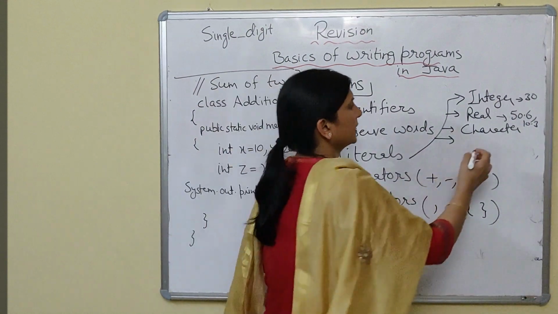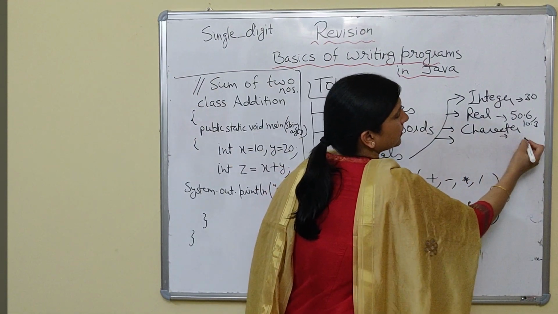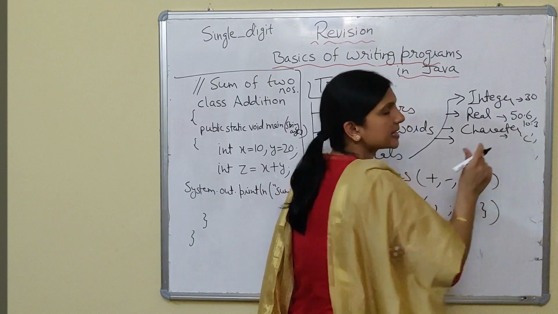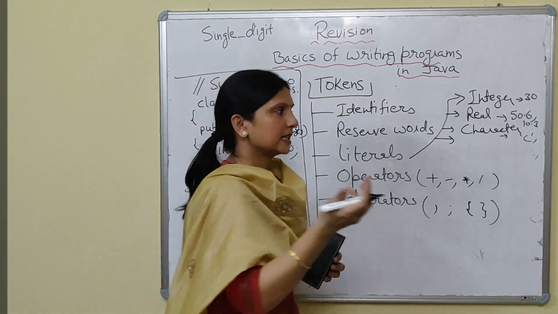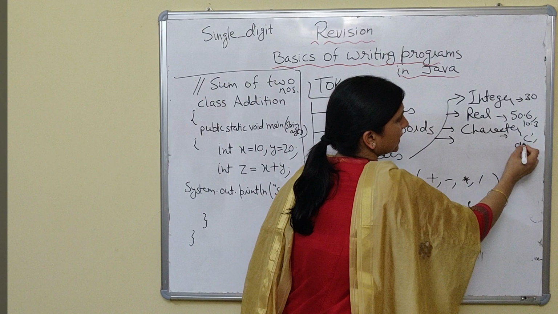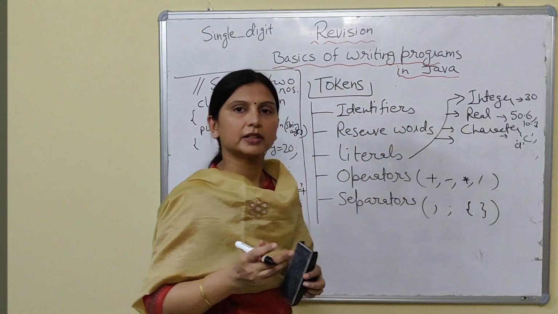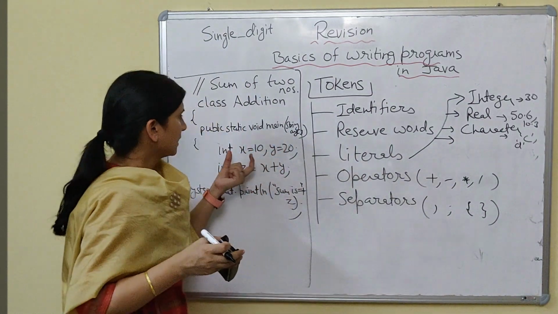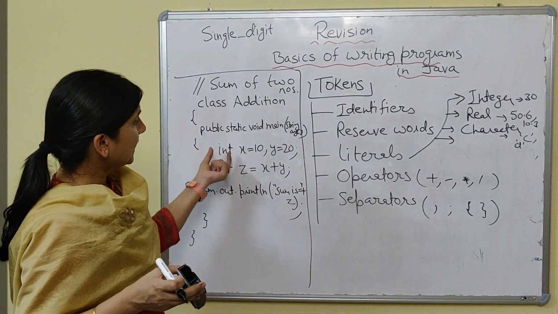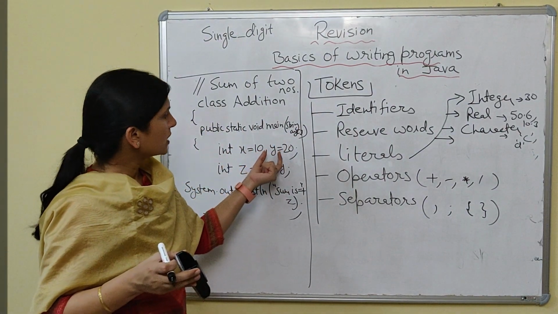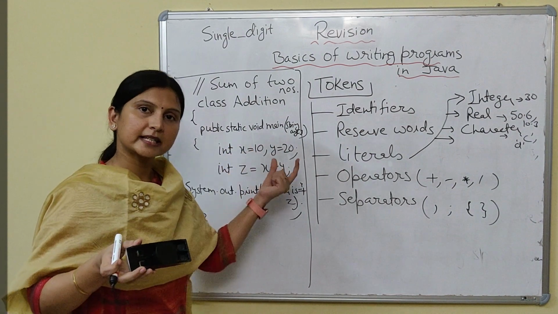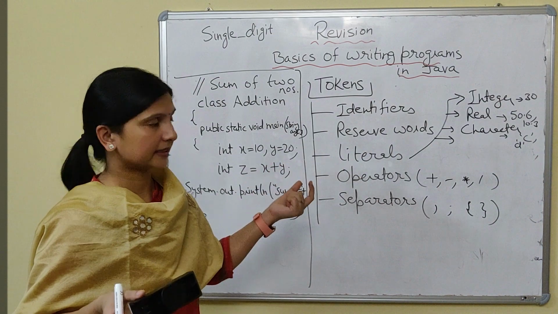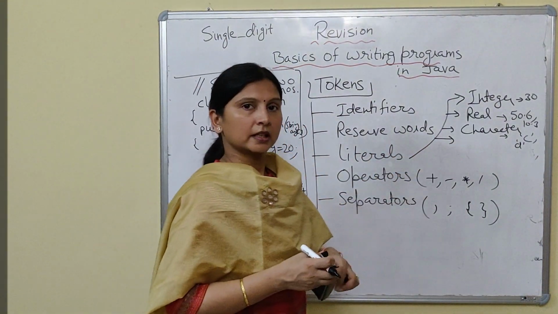Character type: if I have used C within single quotes, or D within single quotes, then these will be character type literals. For example, if in a program I have used char ch equals 'C' within single quotes, then C will be a literal. Which literal? Character literal. Fine.